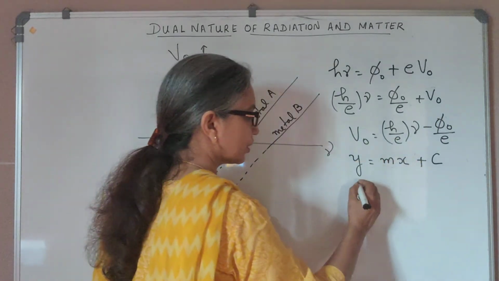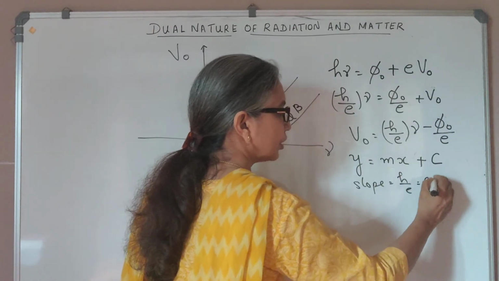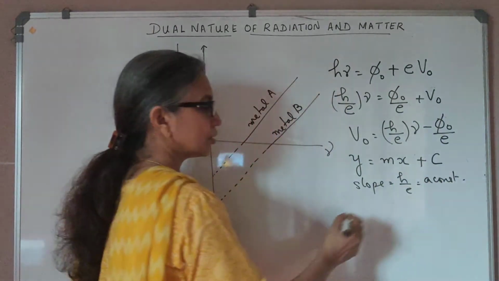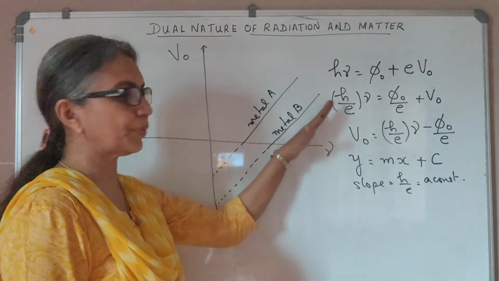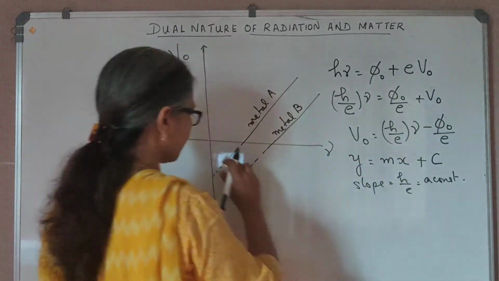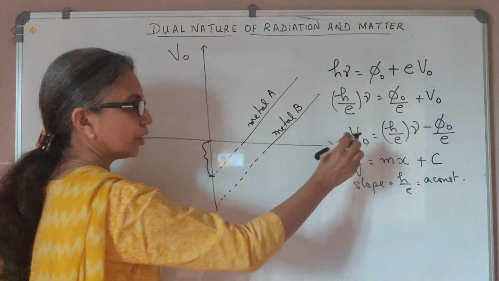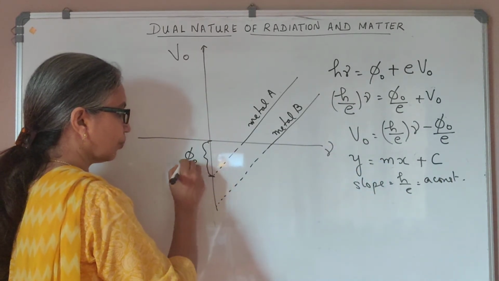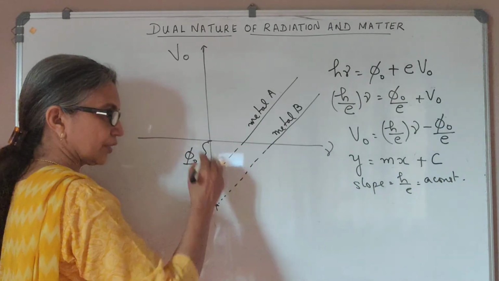If you compare, you will see that the slope of the line is given by h by E, which is definitely a constant because Planck's constant and electronic charge. So any metal you may draw will give you parallel lines having the same slope. But this is a negative intercept, so we have this as the negative intercept. The negative y-intercept here will be phi 0 by E. Greater the work function, greater will be the negative intercept.